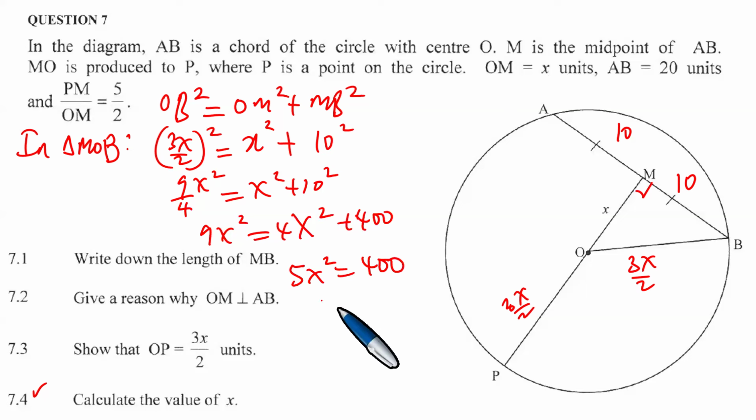Divide through by 5, so that we have x squared equals 400 over 5. What is 400 over 5? It is x squared equals 80.